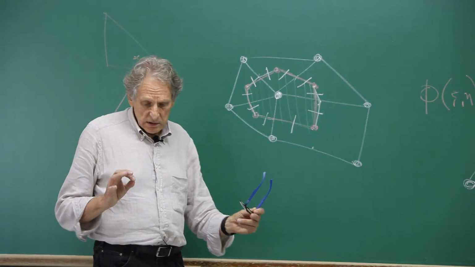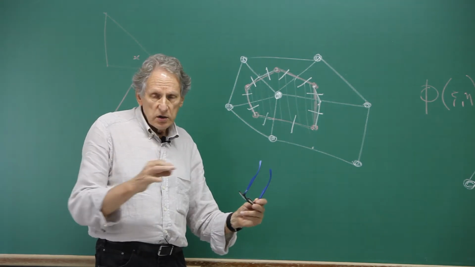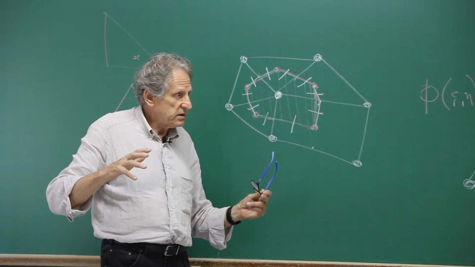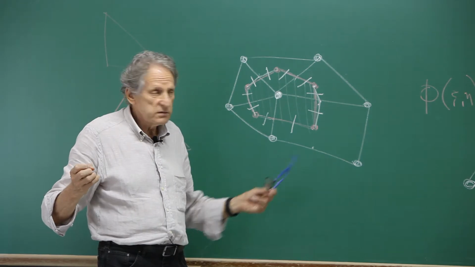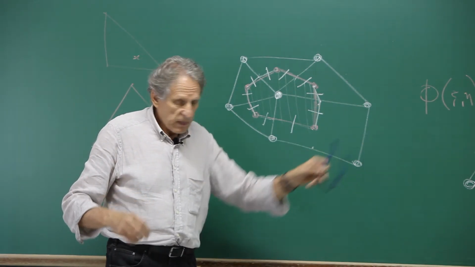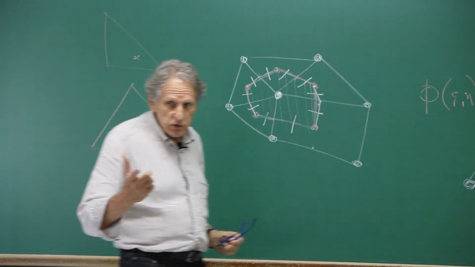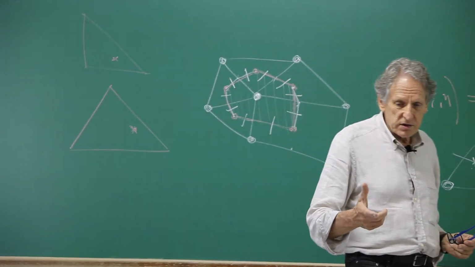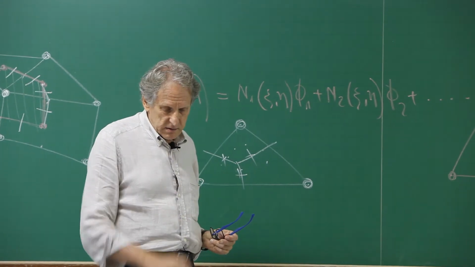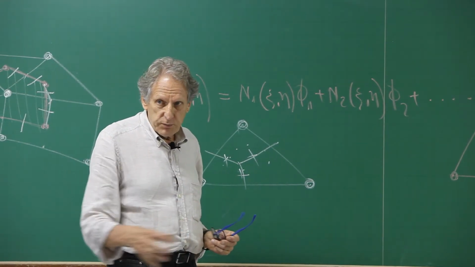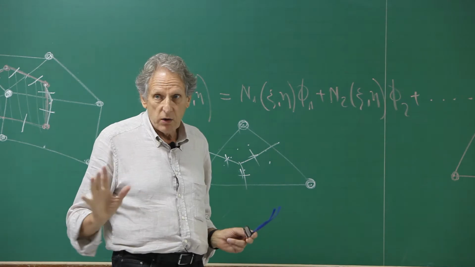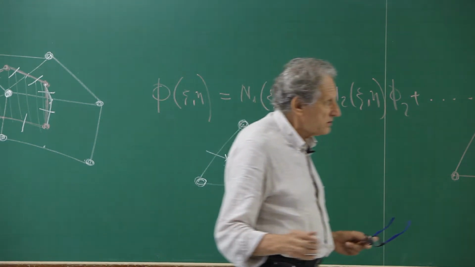Tetrahedral has 4 nodes, 4 vertices of the tetrahedral, so there are 4 sub-elements. And this is the way to build the function. I'm stressing this point: the way to write the shape functions is just with the property of being 1 at the node and 0 at all the rest of the points.